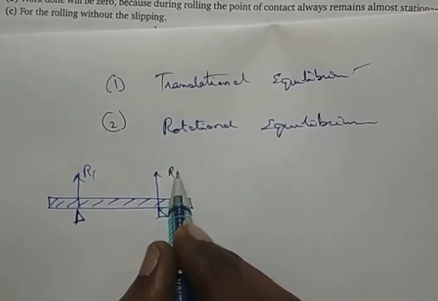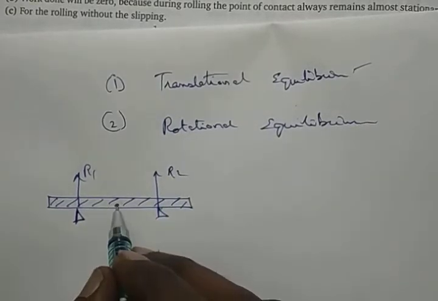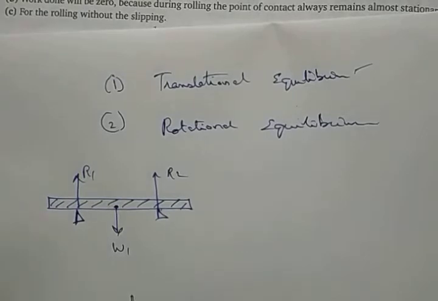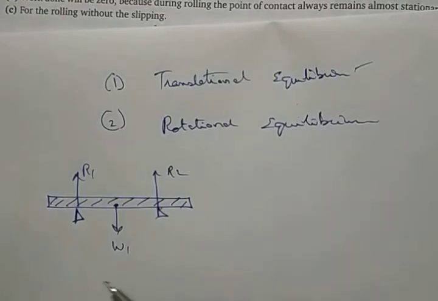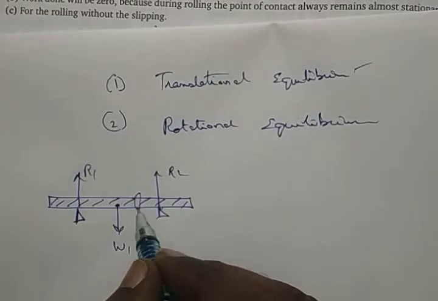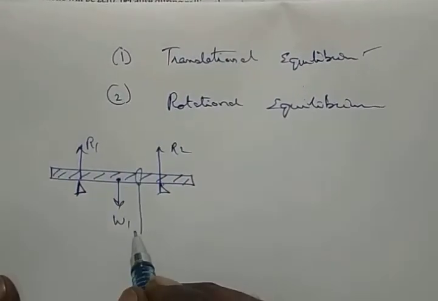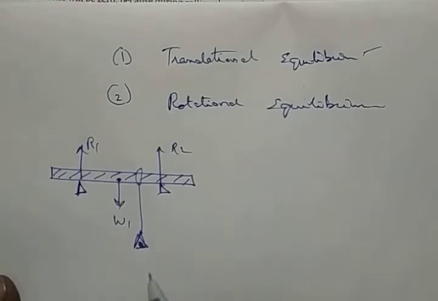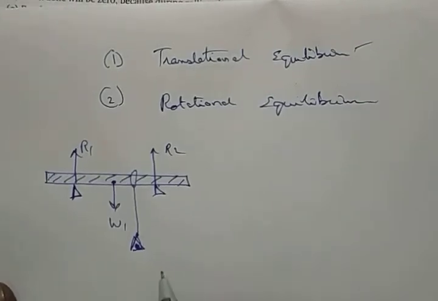Here also R2. And this scale will have its own weight W1. Okay. Let us imagine you tie something else and put a pan here and keep some weight here, right? And this is going to be W2.